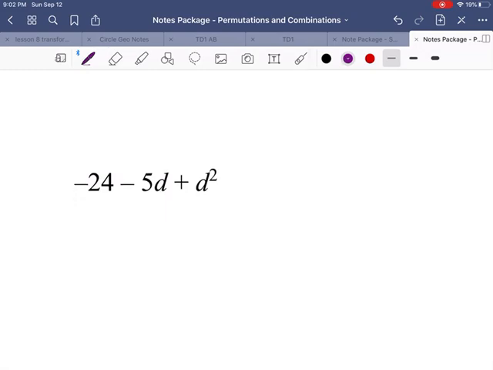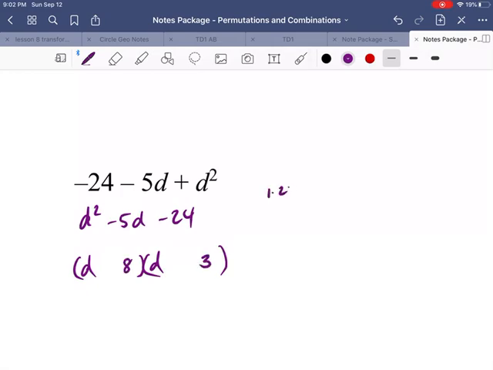Okay, this one's written in reverse order, so just rewrite it. All right, there's only one way to get d squared, d times d, and 24 needs to be 8 and 3.